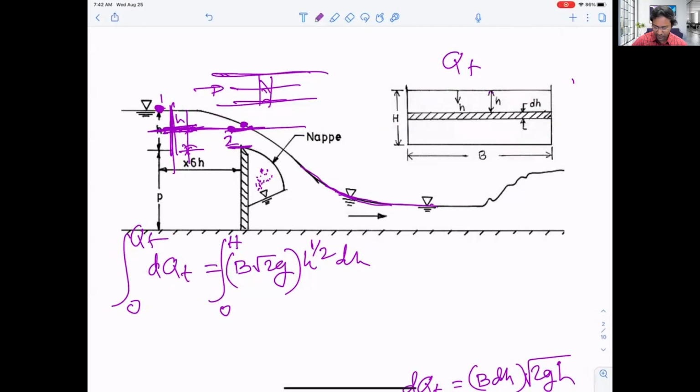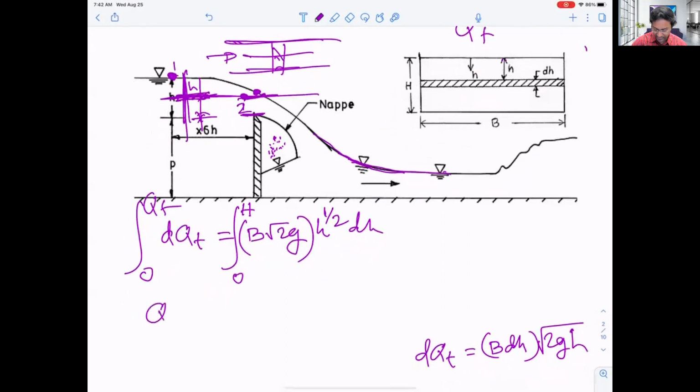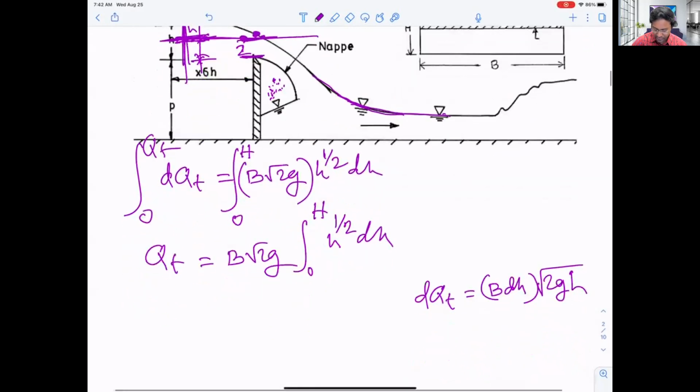We have to just integrate this equation. It's pretty simple. We have Qt, and then B root over 2g, h to the power half and dh. These are the variables.